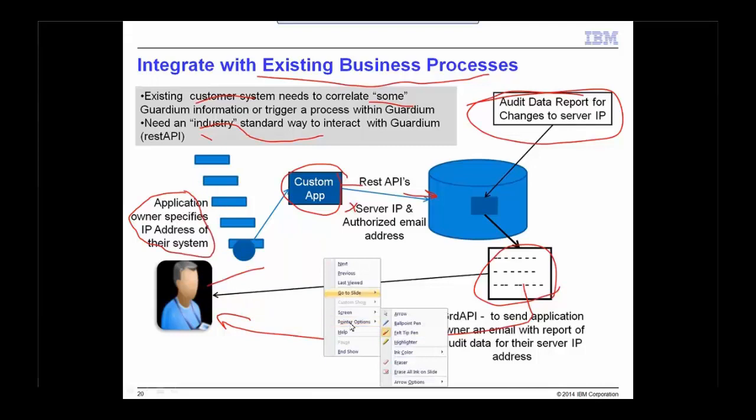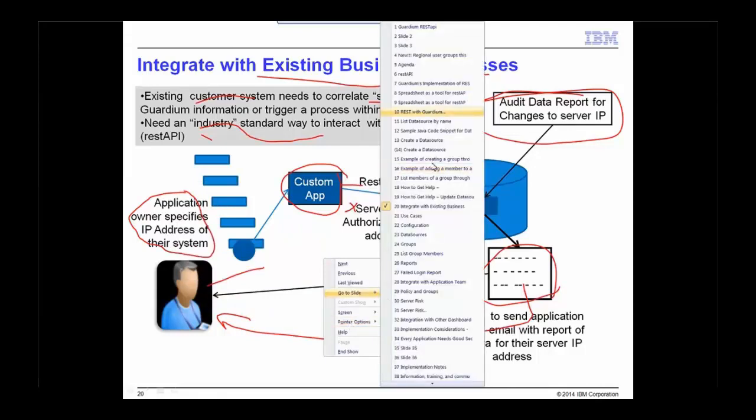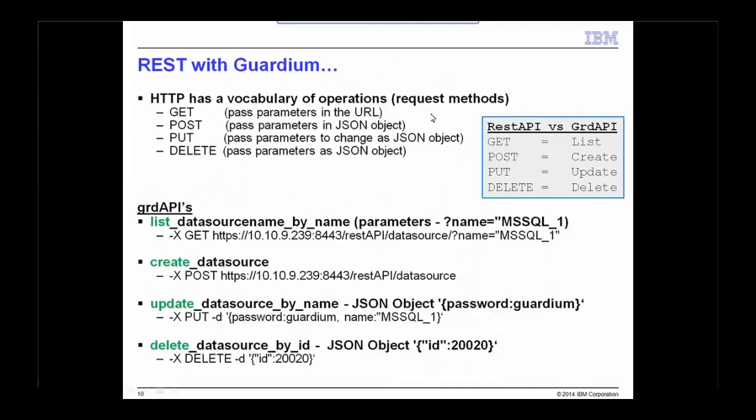So what we want to do is just go to slide number 10. I mentioned before that REST API uses HTTP, and we use gets and posts and puts and deletes. Here's your code. How do you deal with the Guardium version of this?